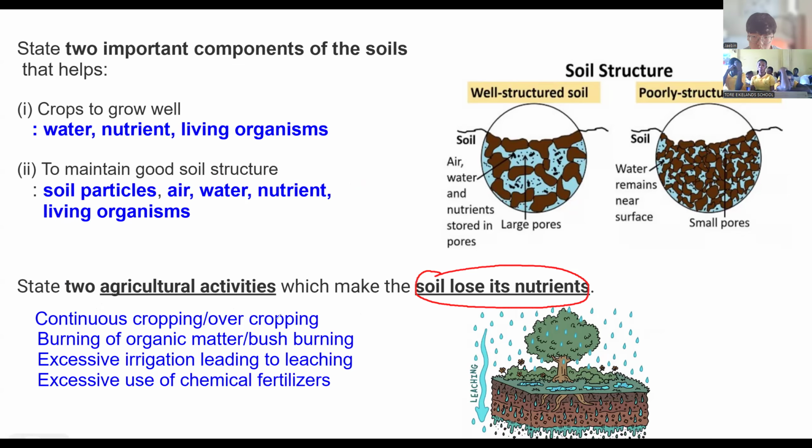Soil can lose its nutrients by continuous cropping or overcropping the soil, and burning of organic matter, like starting a fire, burning the grass, the trees, and excessive irrigation leading to leaching. So irrigation just means maybe like a farm runoff, meaning that when there is farmland nearby, the excessive irrigation can lead to leaching.